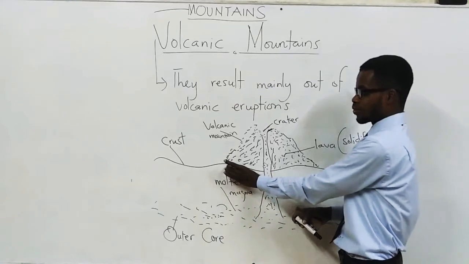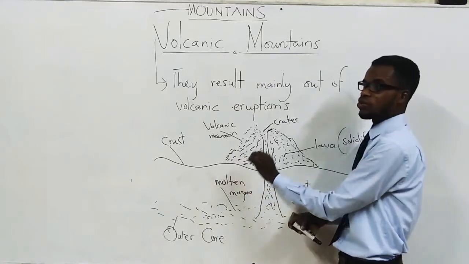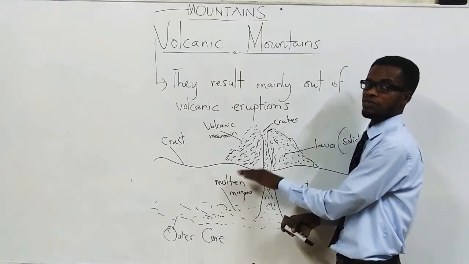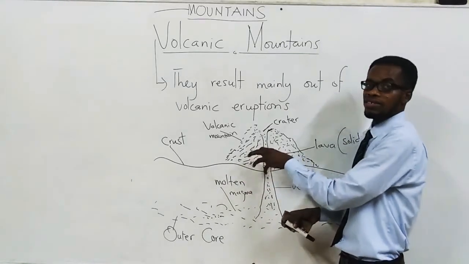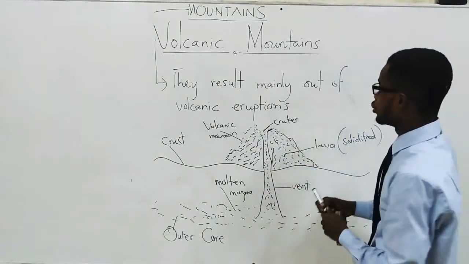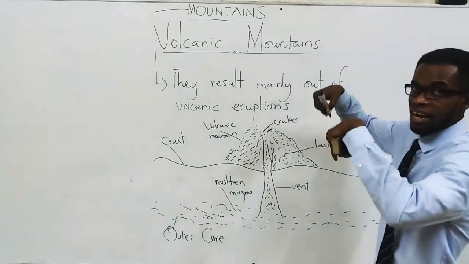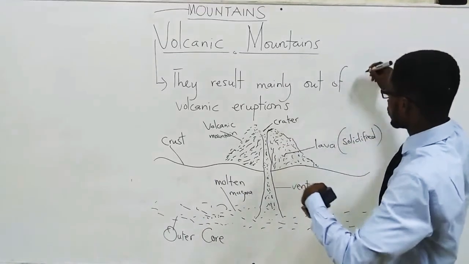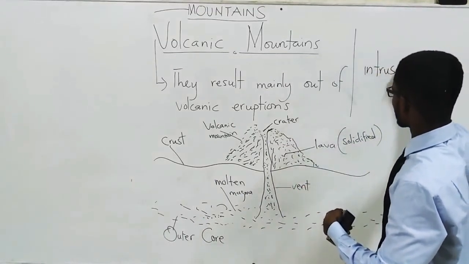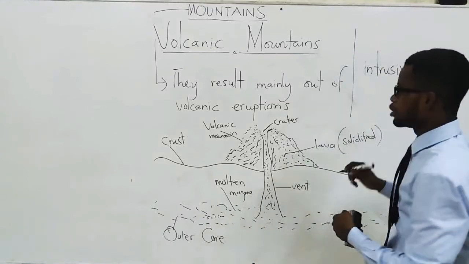Now, the magma that stays just below the surface of the earth, or within the mountain itself, and solidifies and becomes rock, we refer to as intrusive because they are formed within. So these are intrusive.